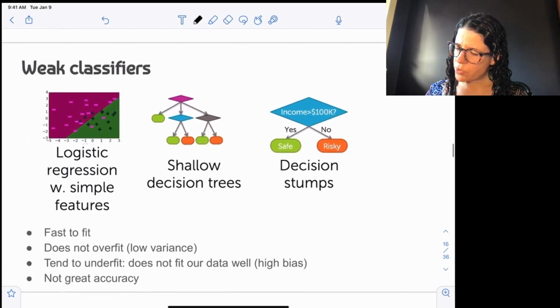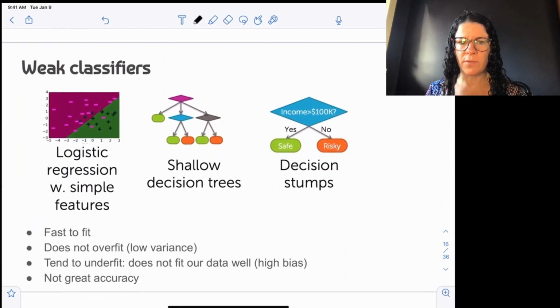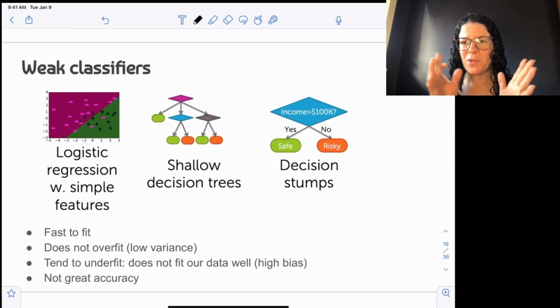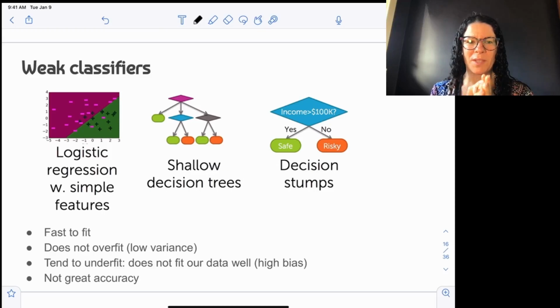There is this notion of a weak classifier. A weak classifier has a few different properties. One is that it's fast to fit. Second is that it doesn't overfit; it has low variance.